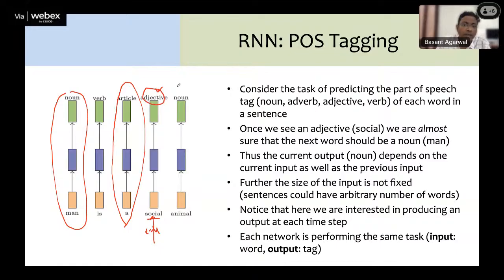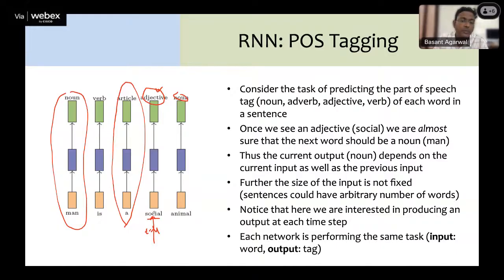There will be very few chances that the next prediction after the adjective is a verb or article. It is very unlikely that in a grammatically correct sentence, after the adjective, we see a verb or article.